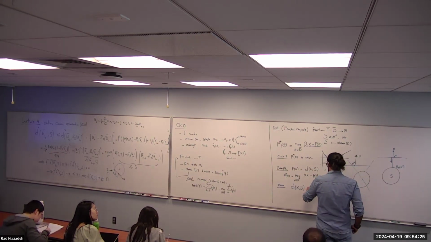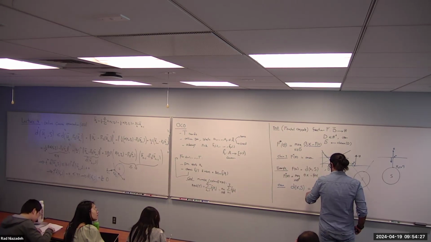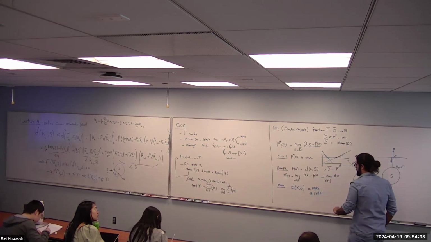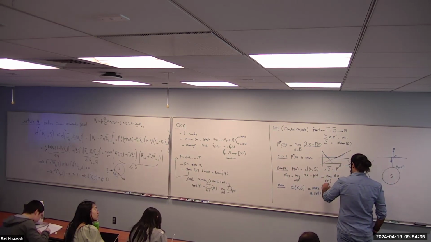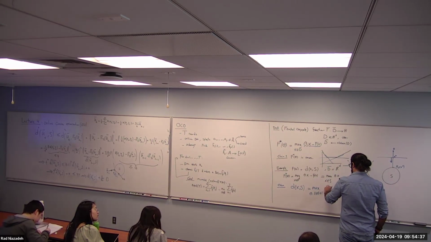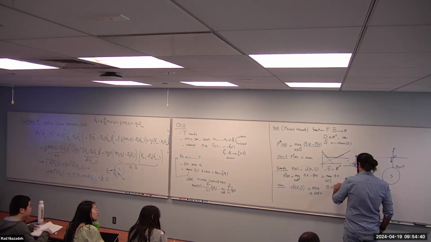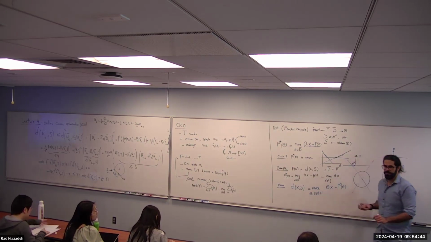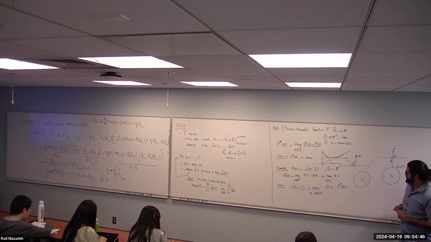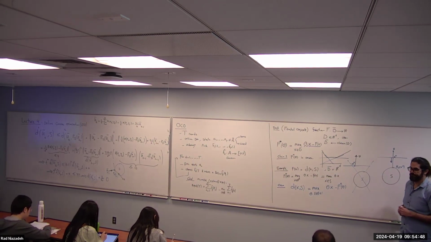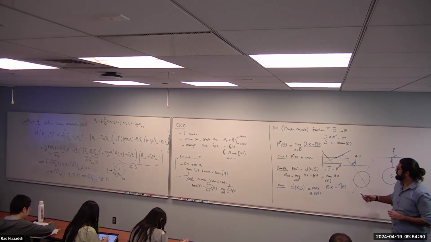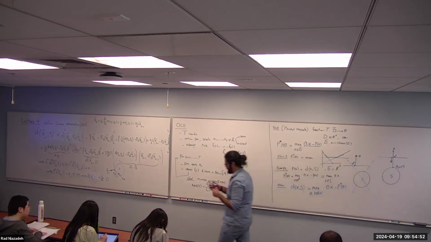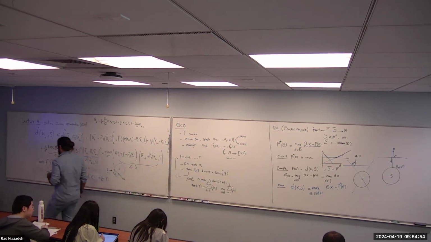It's going to be the max over all theta such that the L2 norm of theta is at most 1. And what I'm maximizing is theta dot x minus f star of theta. So this time, x is my input argument and theta is what I'm maximizing over. Let me show you why this is the case.